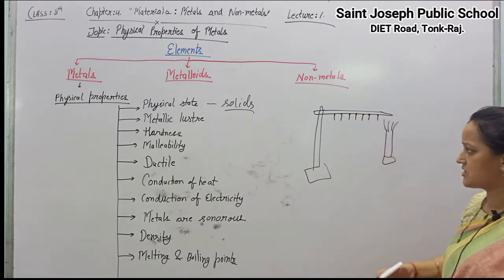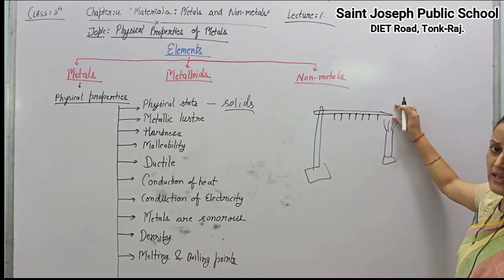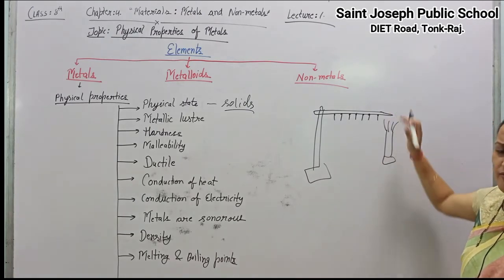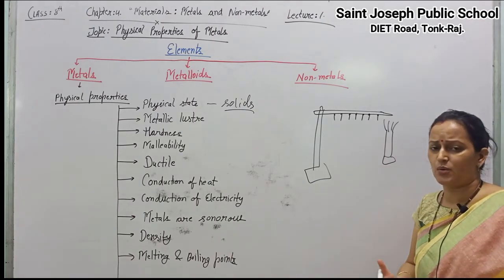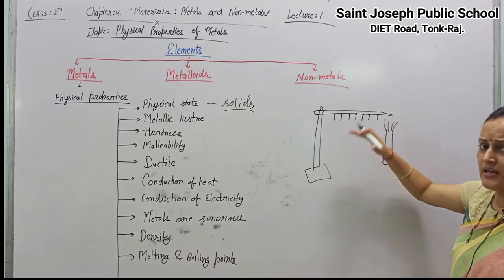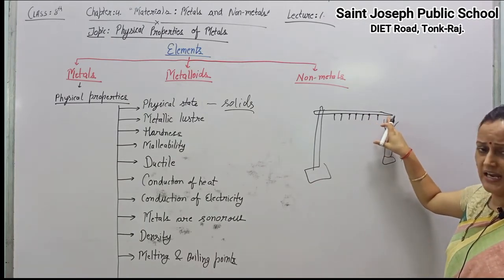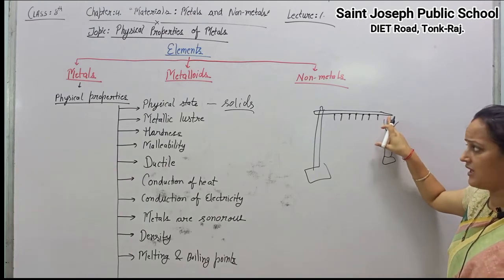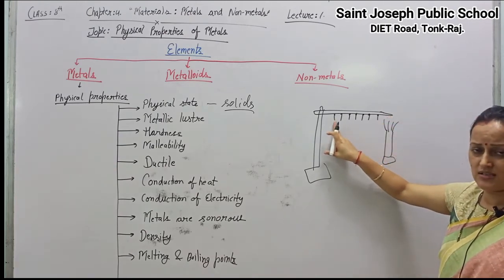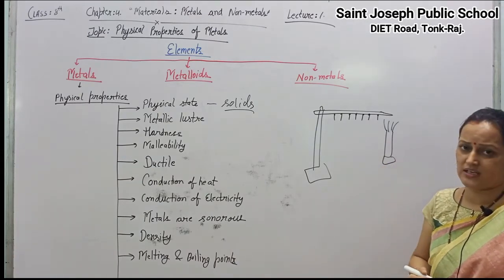Now start giving heat to this one end of this rod. यहाँ से हम इसको heat provide करवा रहे हैं, and within a few seconds what we will observe is that these iron nails will start falling one by one. The nail which is closer to this end will fall first, and the nail which is farthest from this flame will fall at the last. वो सबसे last में गिर रही है.